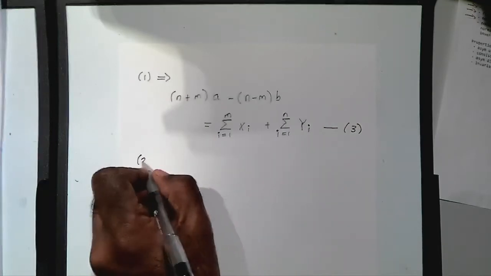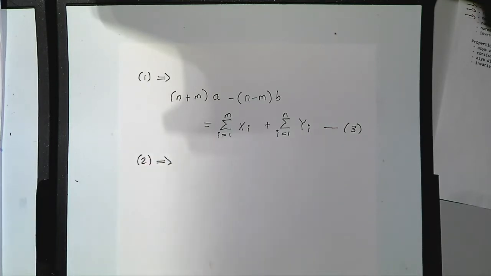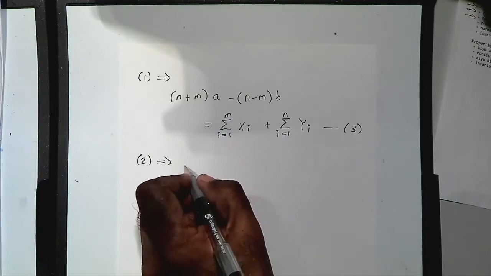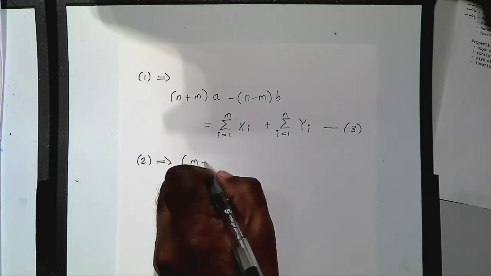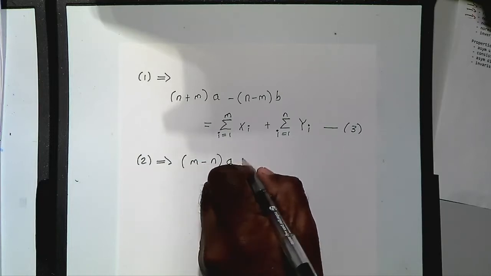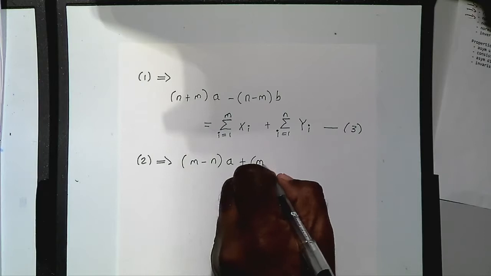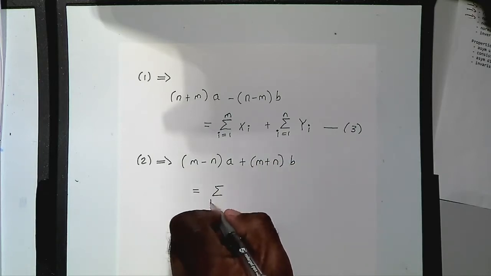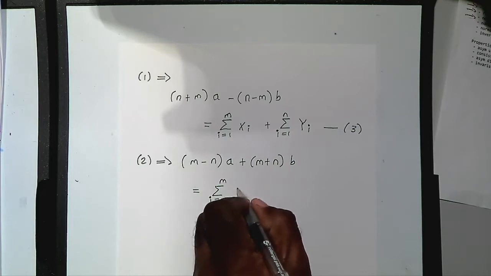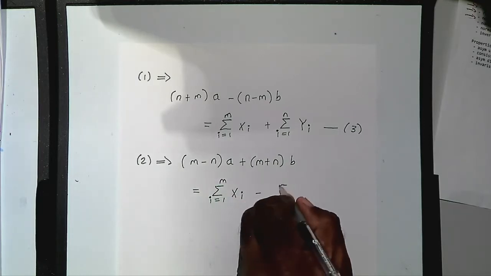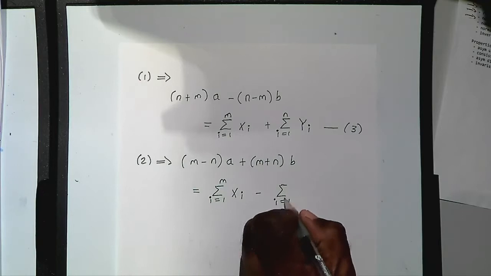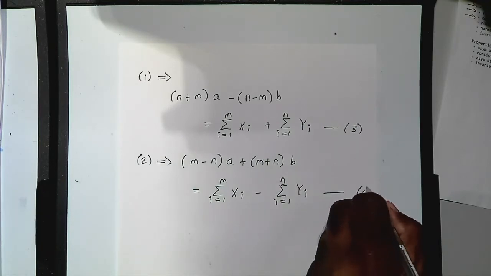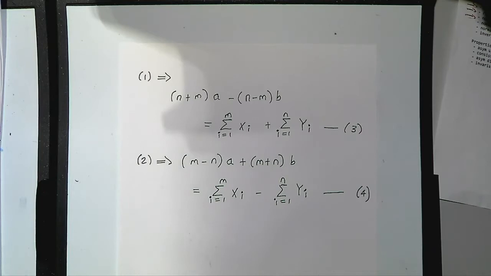And from equation 2, you can see the following. You can see that m minus n times a plus, right, this is what you get from 3.